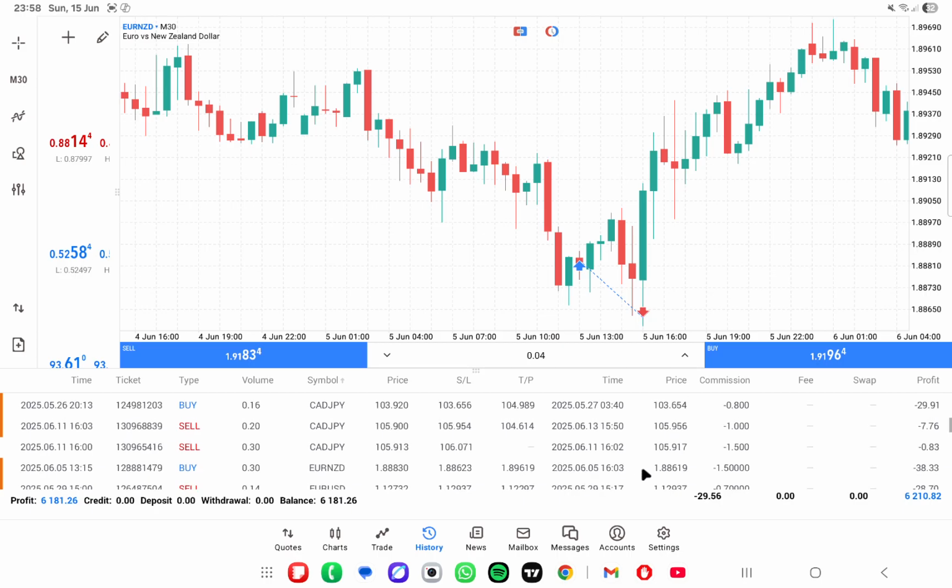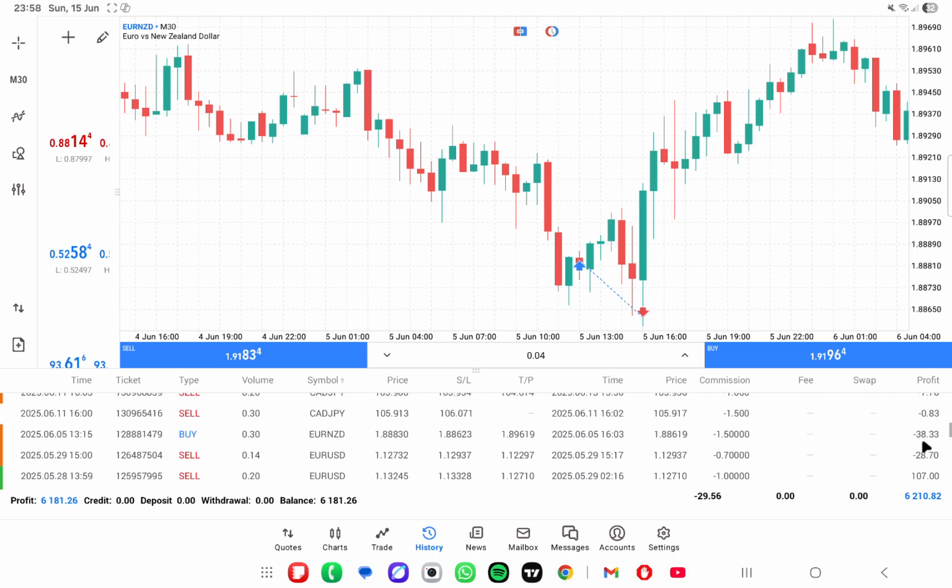I risked a little over, this must be a 0.6% risk. So after losing this trade, I went back to being at 0% in terms of my profits. So I was back to 0.